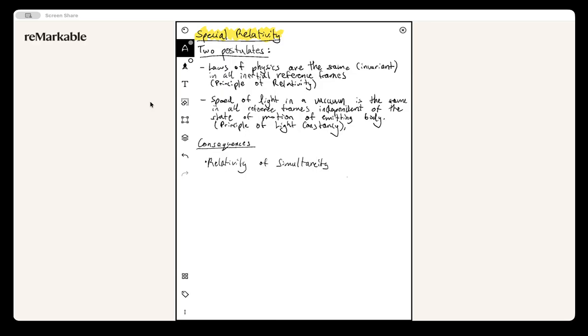The first one we're going to talk about soon is called the relativity of simultaneity, which states that events which are separated in space, when viewed in one reference frame, might be simultaneous, but viewed in another inertial reference frame, we actually see them as non-simultaneous.